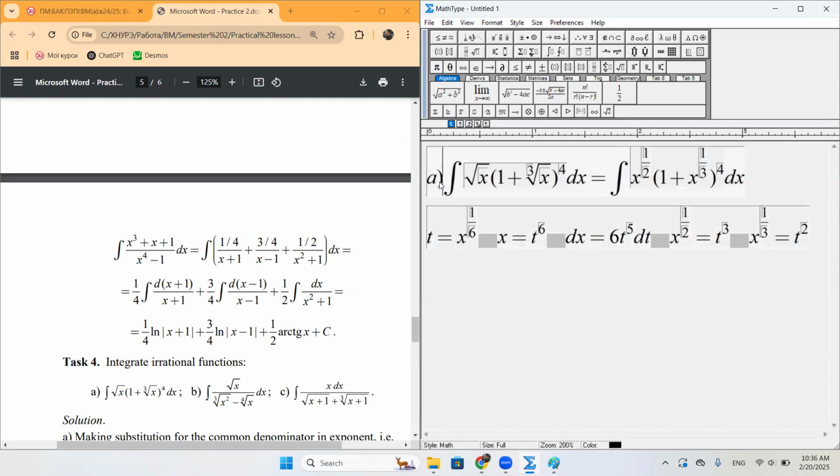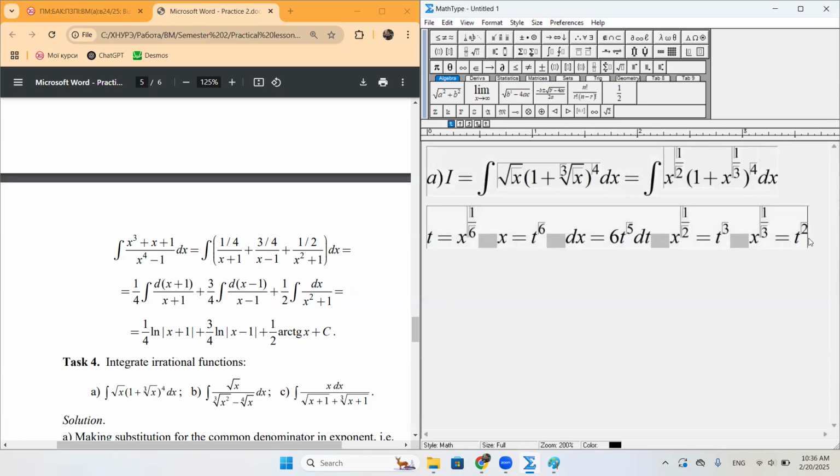Okay, let me also mark it like this. So I equals, we have the following integral.